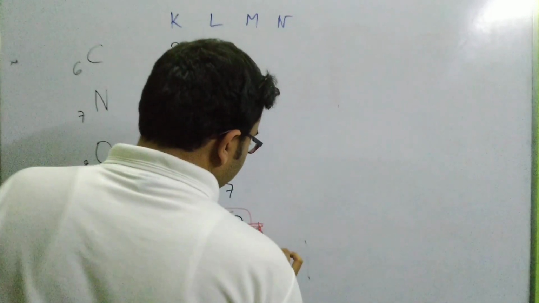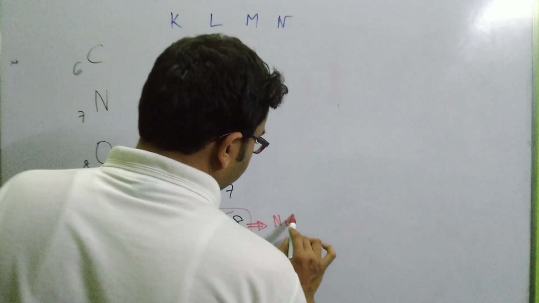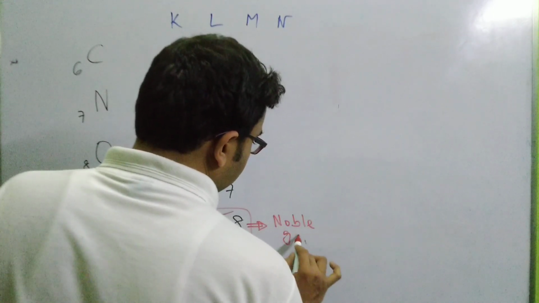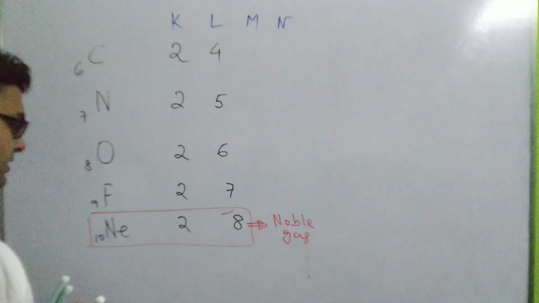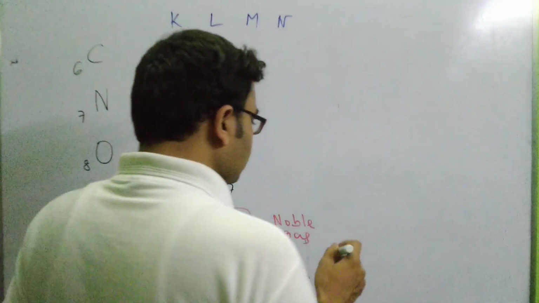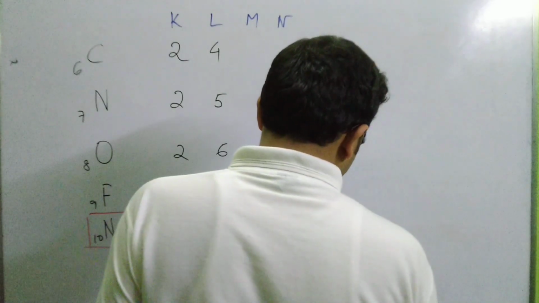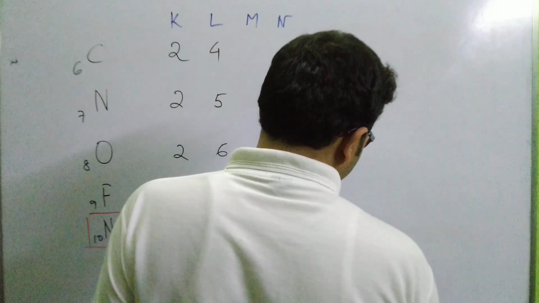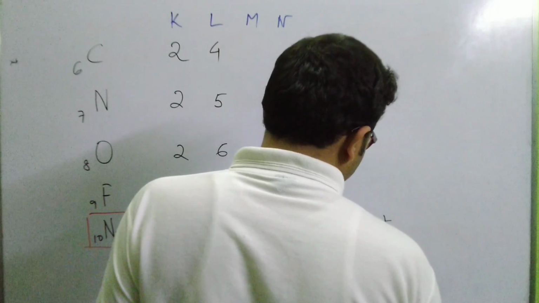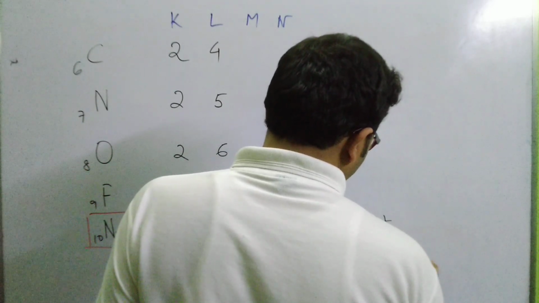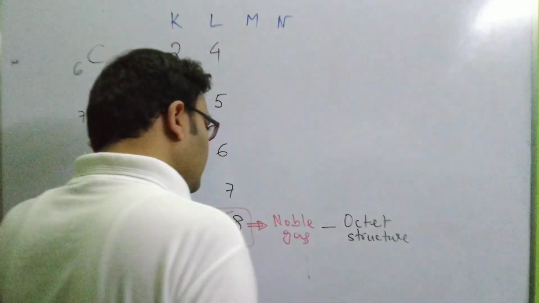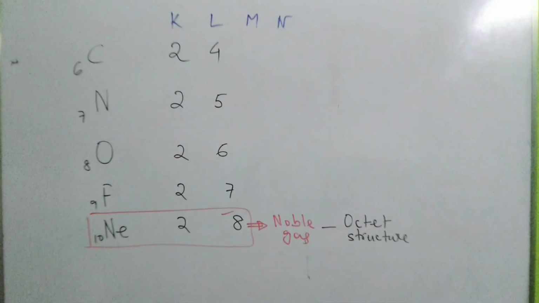This element is actually a noble gas and it has 8 electrons in its outermost shell. This structure is referred to as the octet structure. In the previous class we discussed the duplet structure, which was for helium, as you have seen. Now neon has 8 electrons in the outermost shell and is called the octet structure.